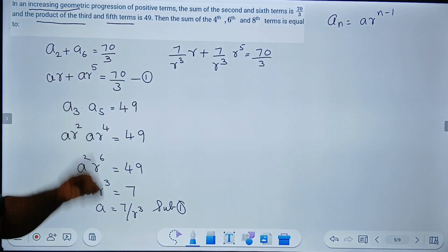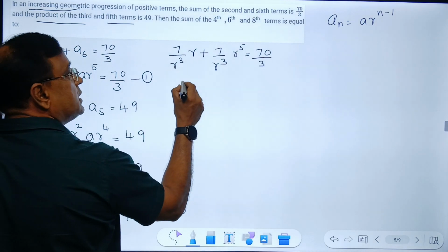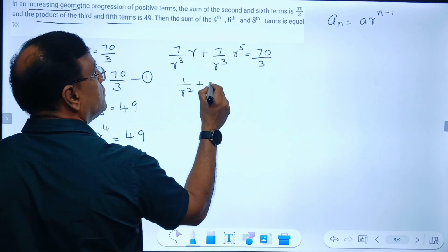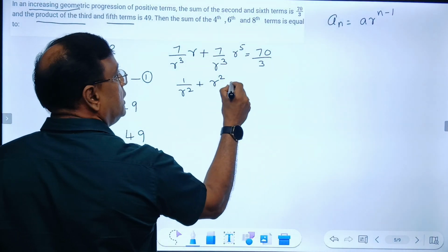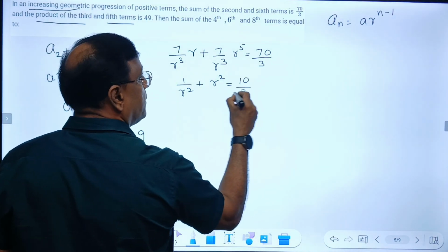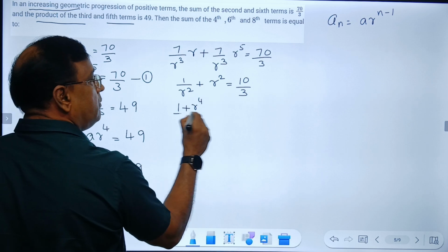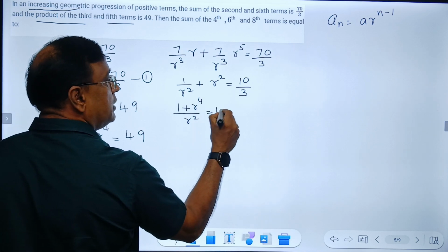Now clearly 7 gets cancelled. R and R gets cancelled. You get 1 by R square plus R square equal to 10 by 3. LCM is R square, so I get 1 plus R power 4 divided by R square equal to 10 by 3.